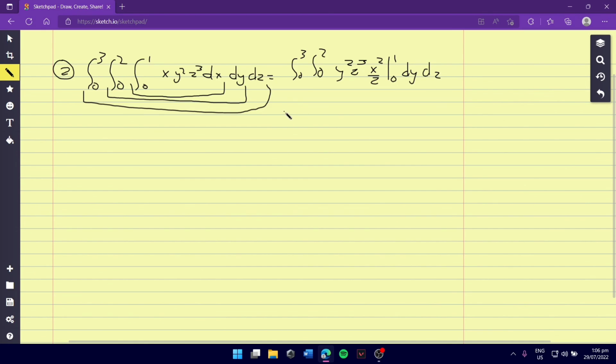Next, we'll distribute the value of 1 here. So this will become the integral from 0 to 3, the integral from 0 to 2, of y squared z cubed times 1 half, and then multiply it to your dy dz. Next, we'll solve for the second integral. So copy 0 to 3, and the 1 half here is constant.